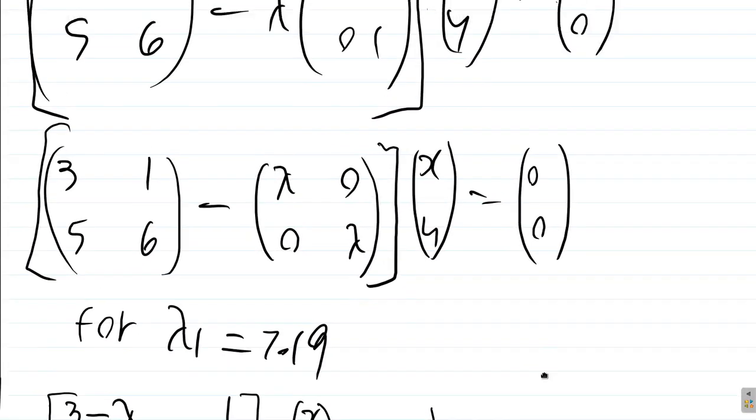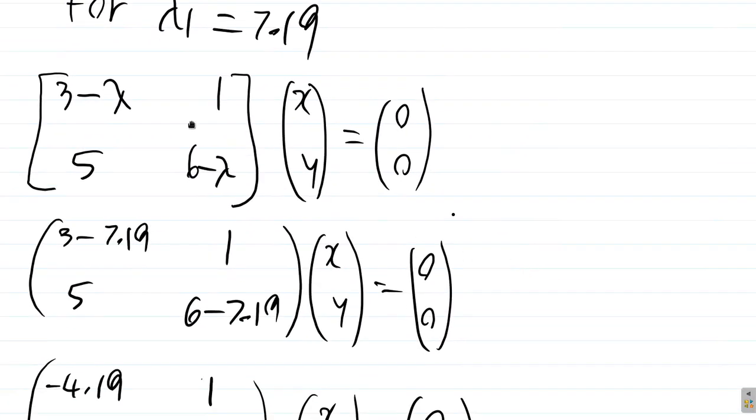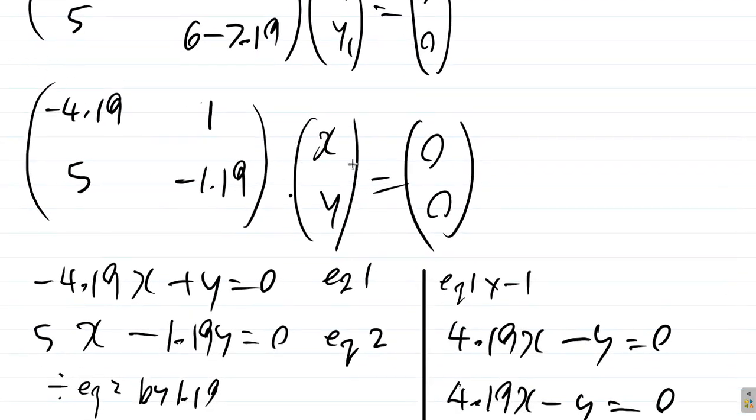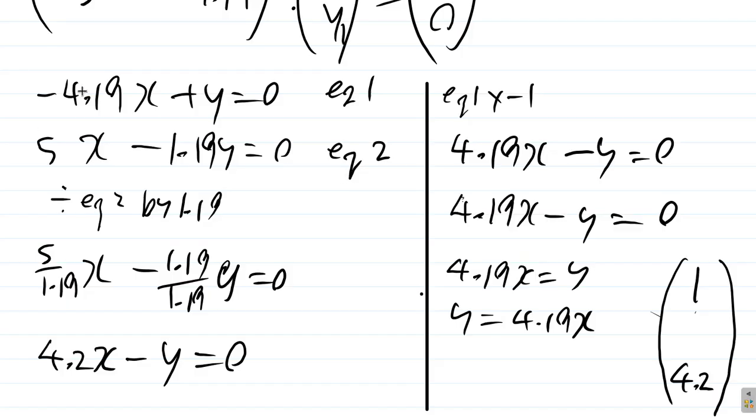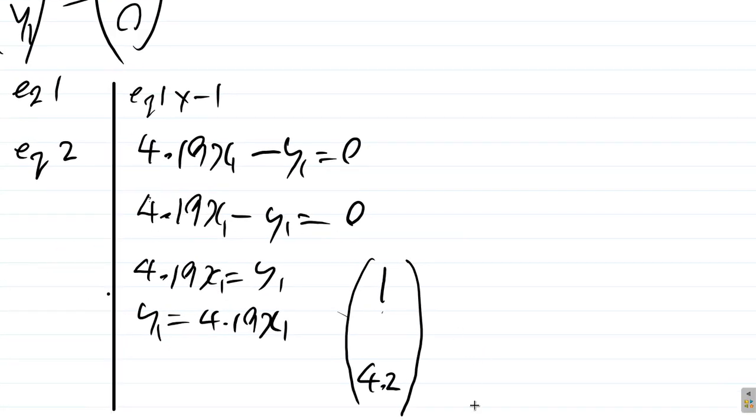By the way, since I labeled this as lambda 1, I'll label these as x1, y1, because when we come to lambda 2, we'll call them x2, y2. We don't want to call these x and y and then call the next ones x and y as well. That would be technically improper.